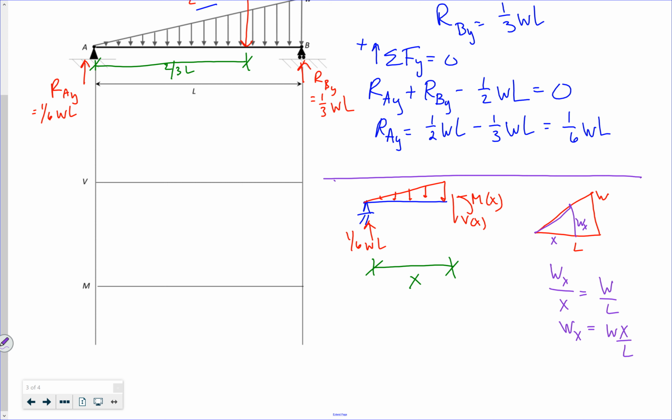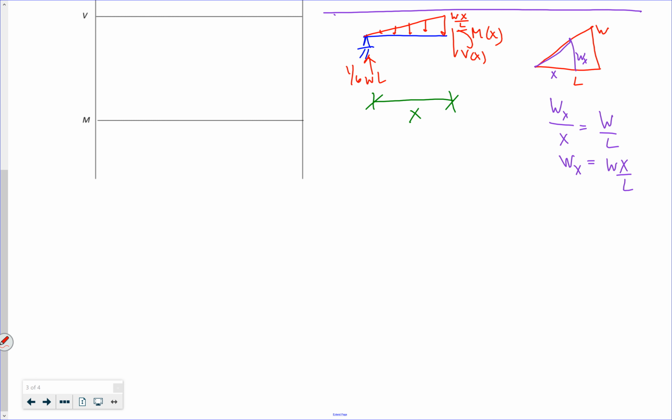It's just proportionate. So my applied load is W times X over L.